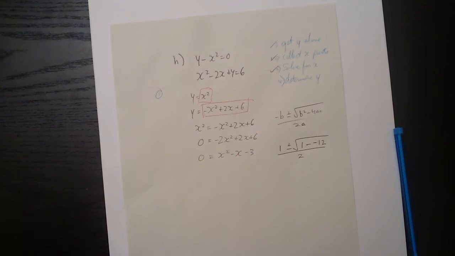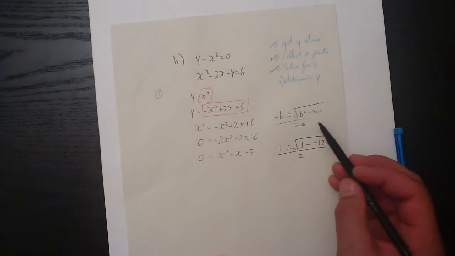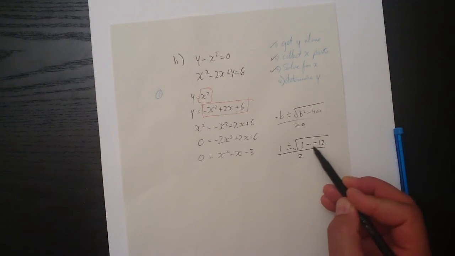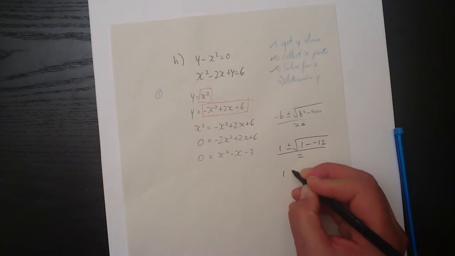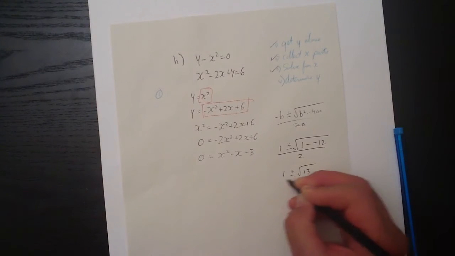It's starting to look familiar. So the determinant here is 13. 1 minus minus 12 is actually 13. So it's a positive number. There are going to be two solutions, which is fine. So it's 1 plus or minus root 13 over 2.